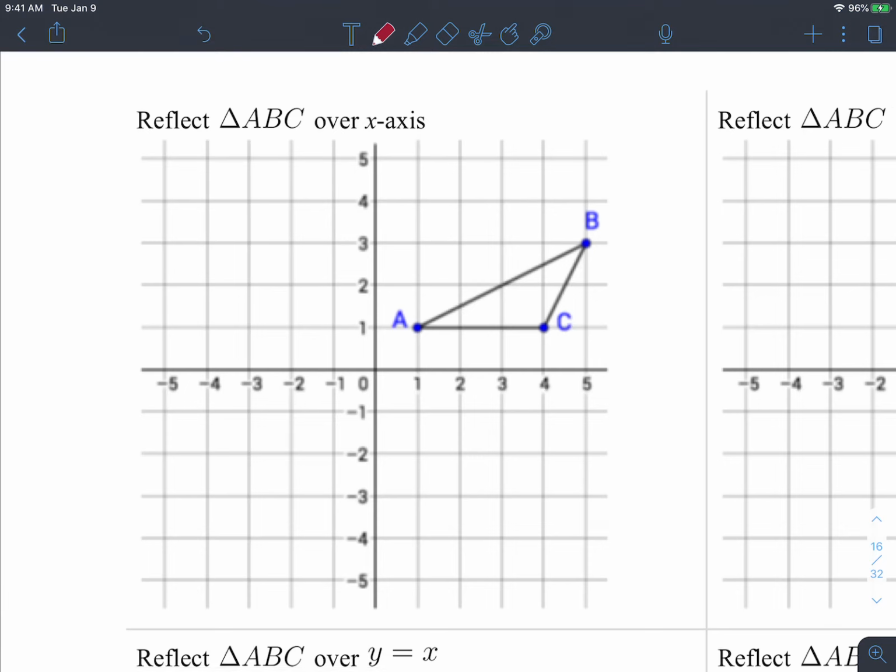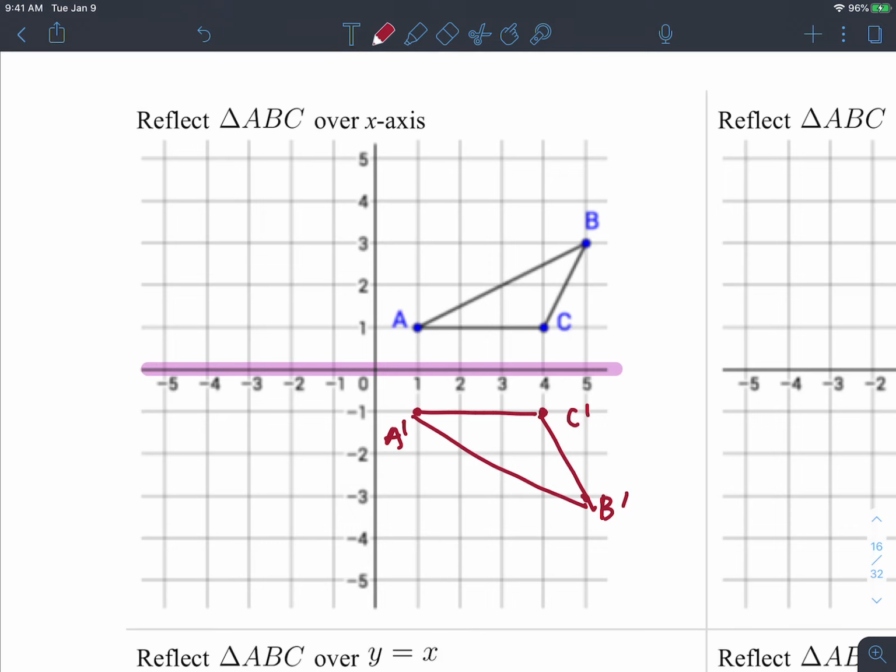So when I reflect over here like this, that is a line of reflection, meaning CC prime has to be perpendicular and the line has to divide CC prime equally, which means that has to be C prime. That has to be A prime. And being perpendicular going this way, that's like a 1, 2, 3, 1, 2, 3. And my B prime is right here. And when I connect them, it looks like this.